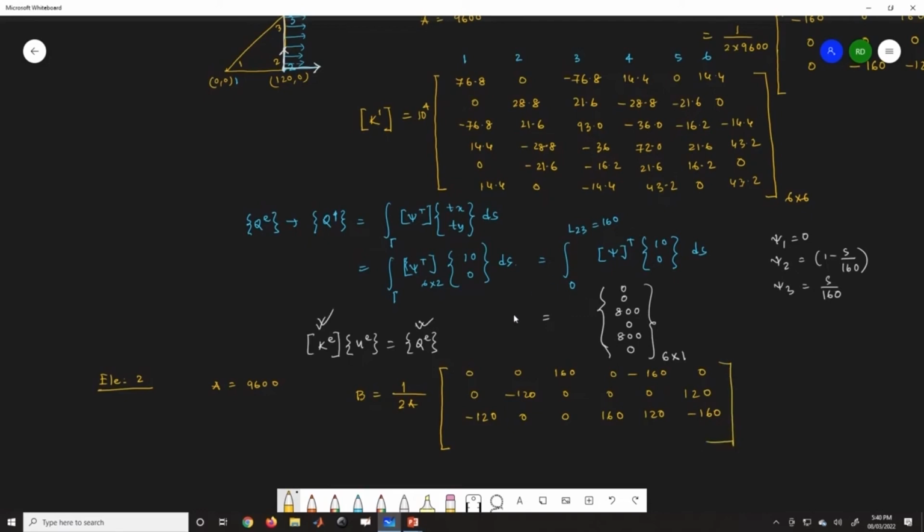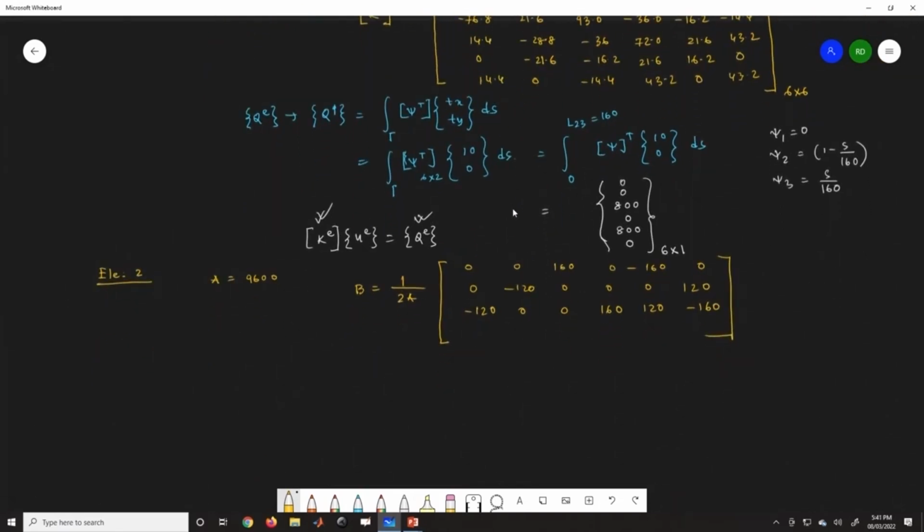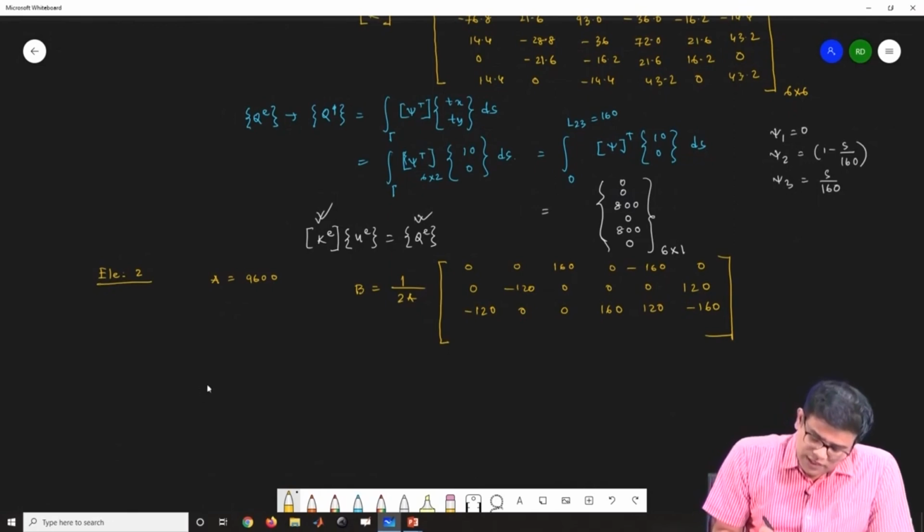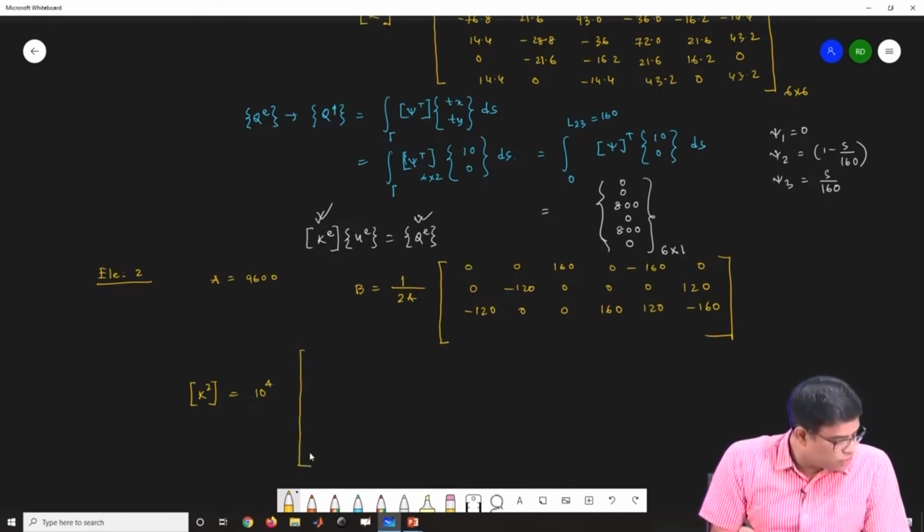So once I know the B matrix, with a similar procedure, if you compute the stiffness matrix, I will get my K2. K2 will look something like this, that is 10 to the power 4. Again a 6 cross 6 matrix will come.